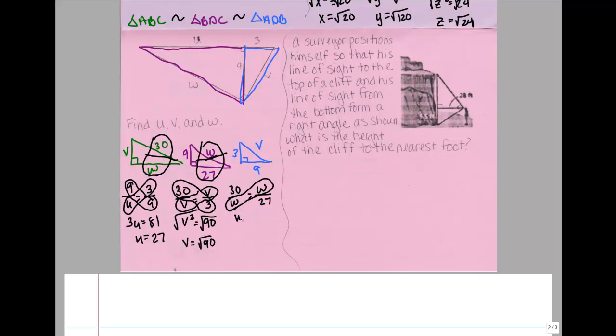Cross multiply, we have W squared is equal to 30 times 27, which is 810. Take the square root of both sides. W is just the square root of 810, and that is perfectly fine. We have now found all of our letters.